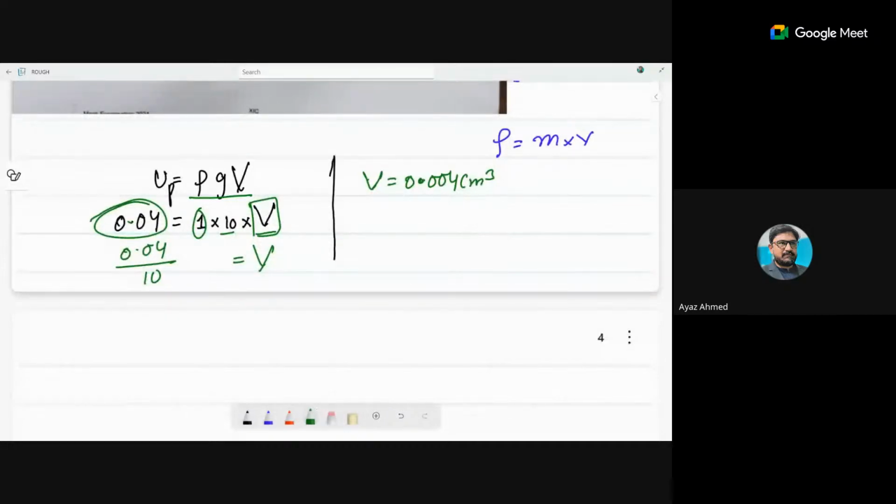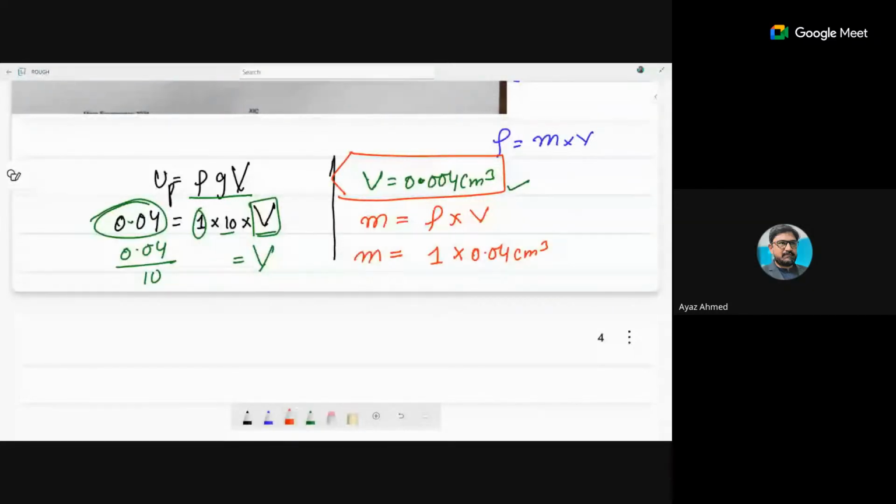If I calculate that, I find this much water would be entering that ball. So now mass is equal to density times volume. Density is 1 and volume is 0.04 cubic centimeter. So how much mass will it be?